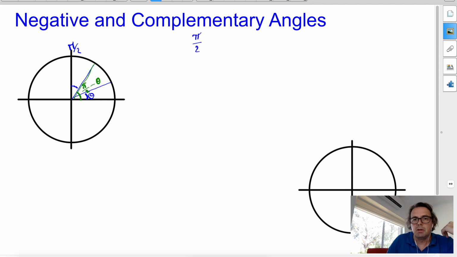Now it might be a bit tricky to see, but the number here on the horizontal axis, which is the cosine of theta, turns out to be the same as the number on the vertical axis for pi over 2 take theta.